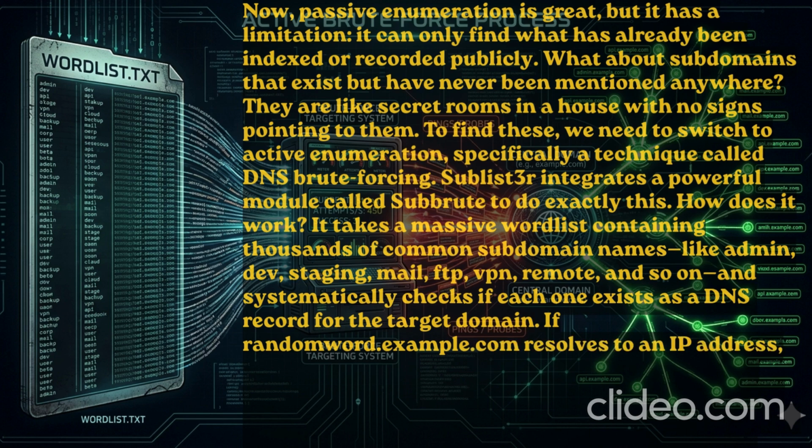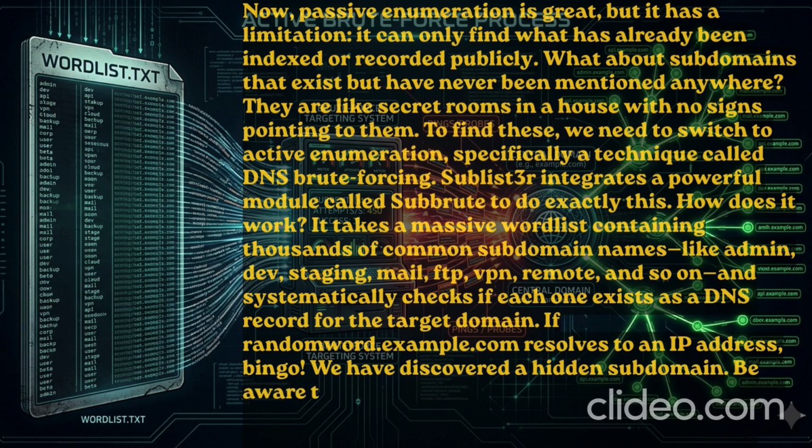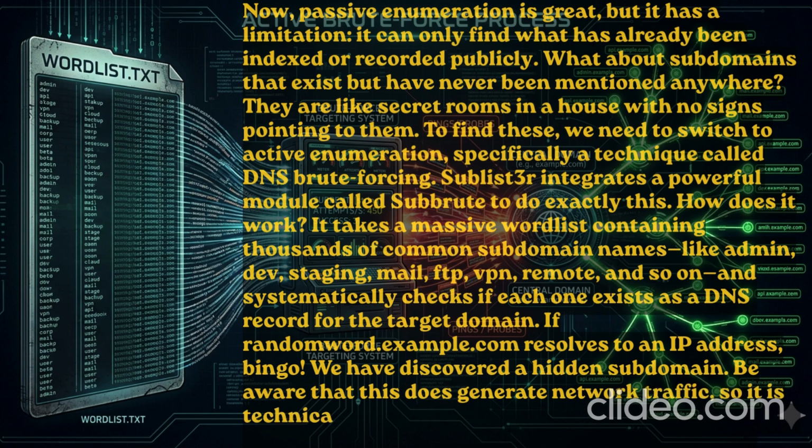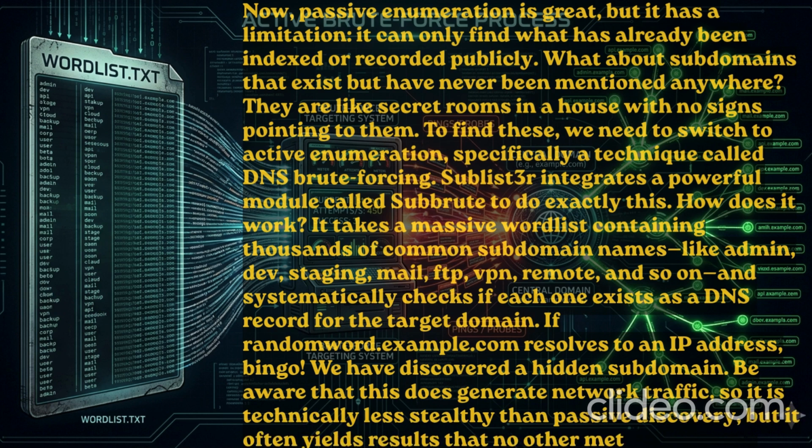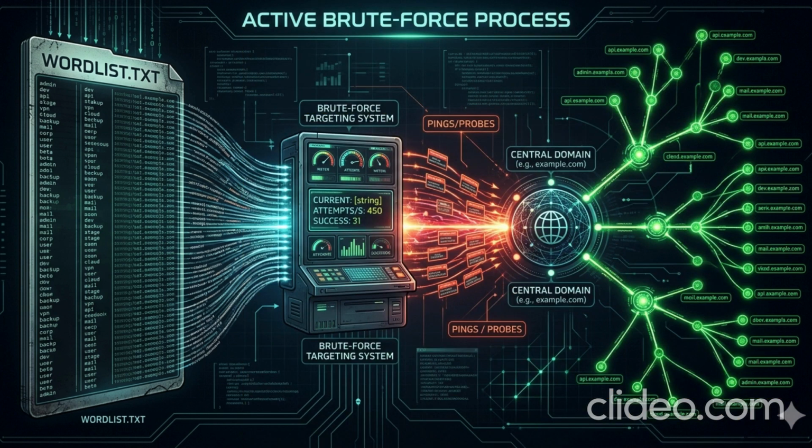If randombird.example.com resolves to an IP address, bingo, we have discovered a hidden subdomain. Be aware that this does generate network traffic, so it is technically less stealthy than passive discovery, but it often yields results that no other method can find.